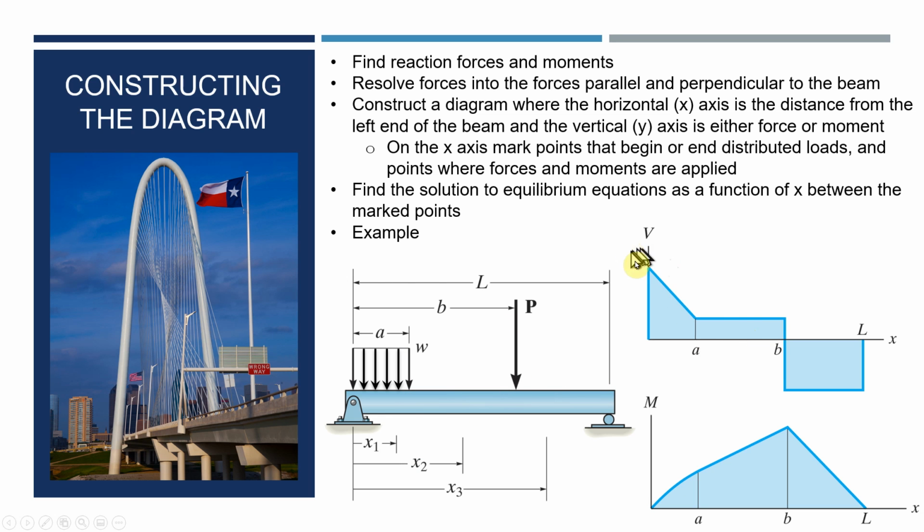And this is a plot, the shear force versus distance along the beam, and the moment versus distance along the beam. And what we have is that the force is continually decreasing till it reaches a certain point. Then in this region it's constant. And then this point force causes a step. And it goes over like so.